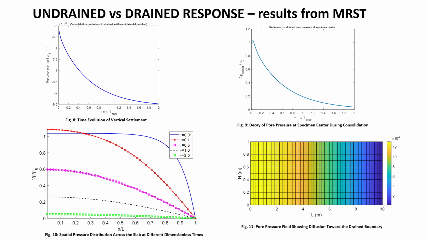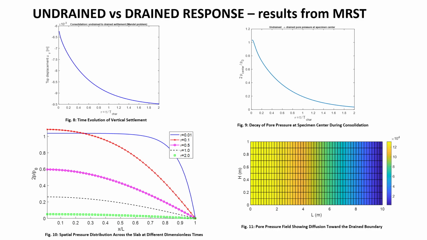The yellow color, which you can see towards the left boundary, represents a higher pressure, which is the undrained condition. The middle is the partially drained, and the blue or lighter purple parts show the drained condition.